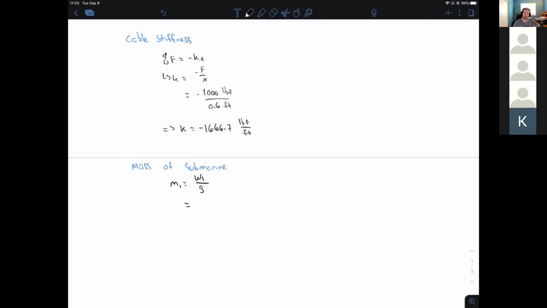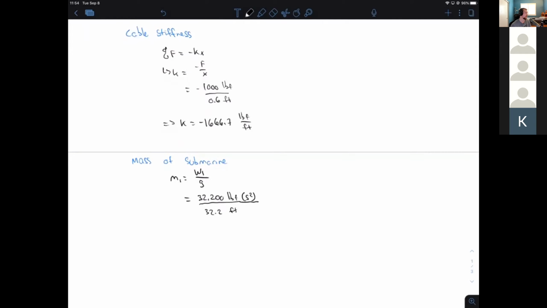So again, the weight, that was 32,200 pounds, and then we're going to divide that by gravity, 32.2 feet per second squared. And then our units right here, if you remember, maybe not, I don't know how often you use it, it's converted to slugs directly from right there.